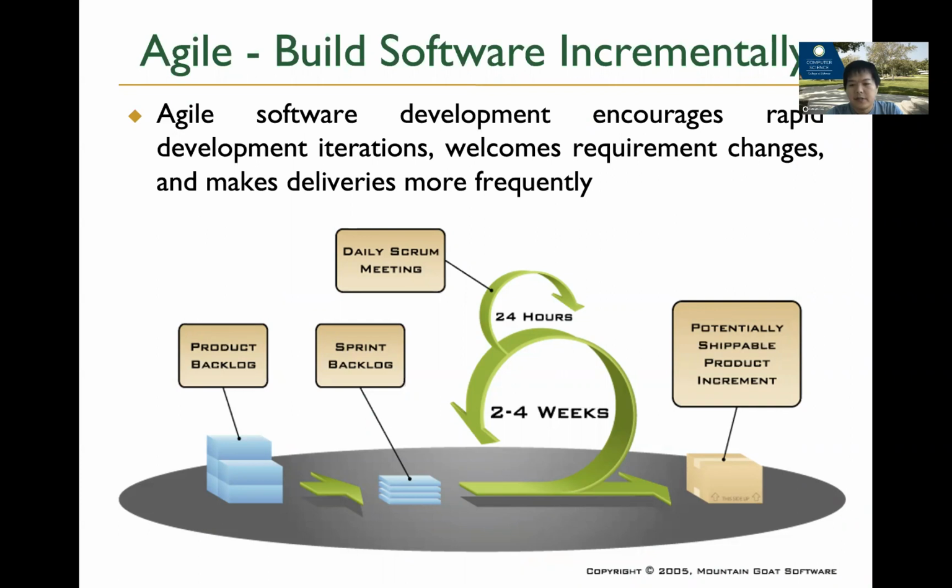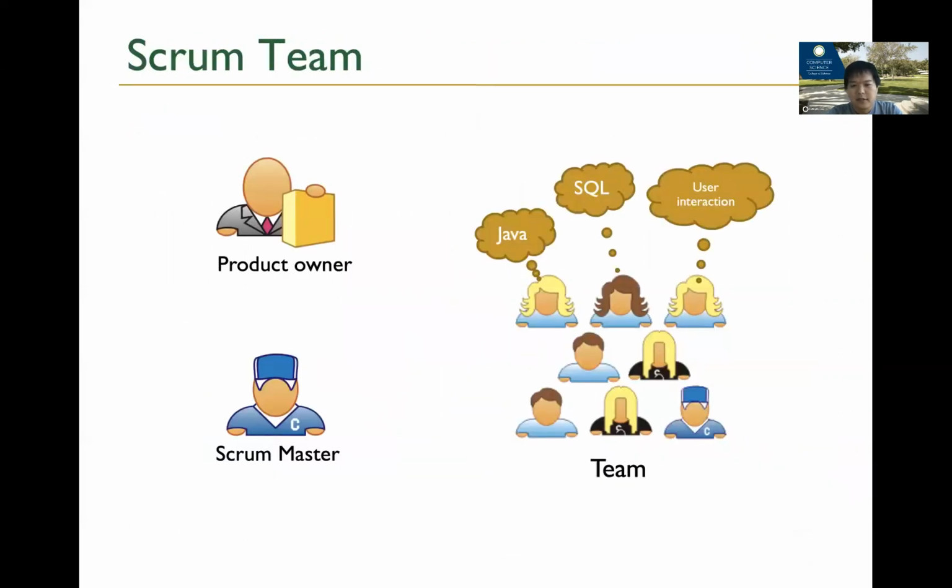But every cycle you do a complete development to deliver those little features, and then you have the opportunity to show it to the user, deliver it to the user, and get some feedback. This gives you a lot of flexibility so that you can always make sure your things are on track.